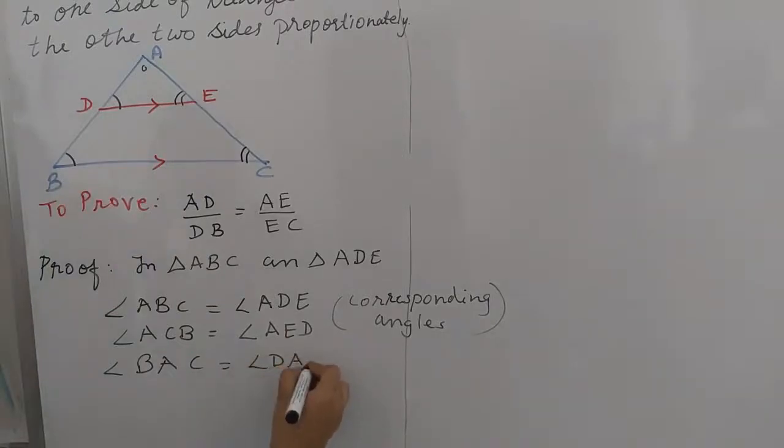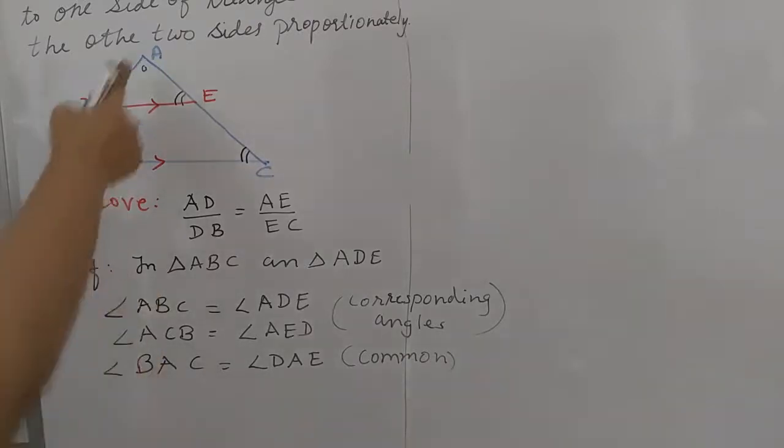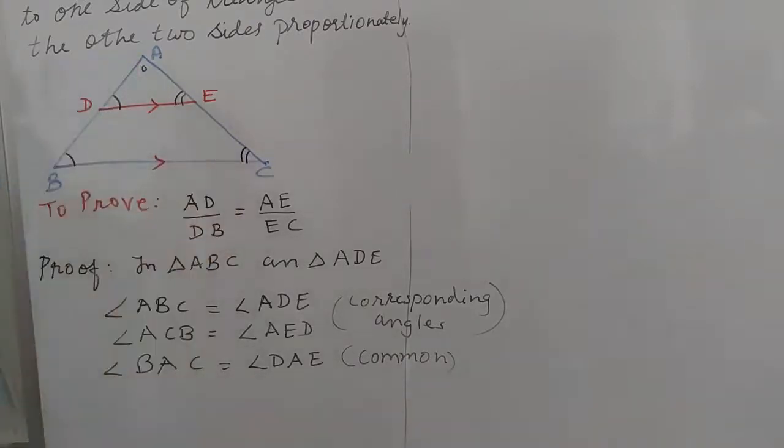They are common, so here I write in the bracket common. So here we have shown three angles of the two triangles ADE and ABC equal in measure. So we can write triangle ABC is similar to triangle ADE. So we have shown two triangles similar here.